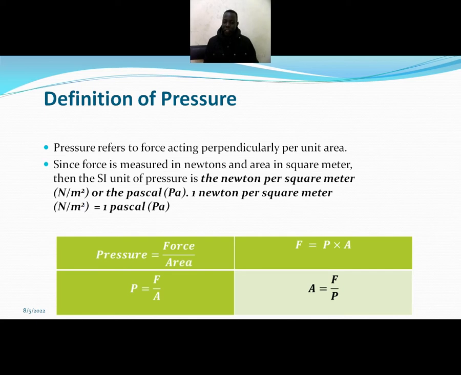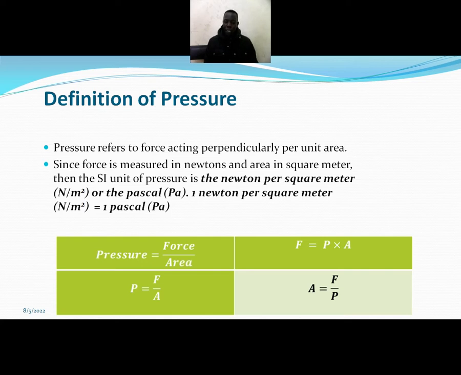I want us to derive the units of pressure using the formula. Force, which is newtons. Area, which is meter square. The unit for pressure will be Newton per meter square. For example, you have a force of 20 newtons and an area of 5 meters square. 20 newtons over 5 meters square. You will get 4 Newton per meter square.